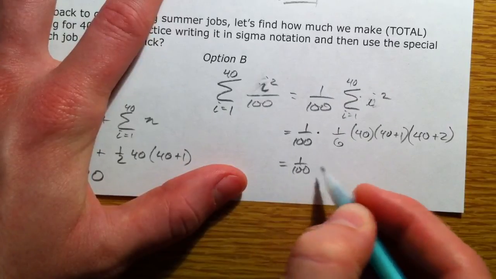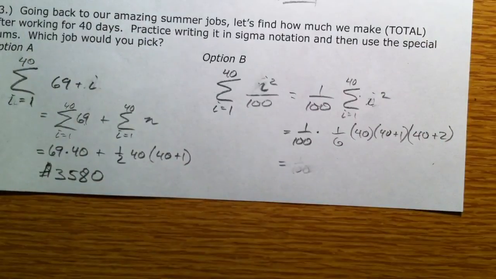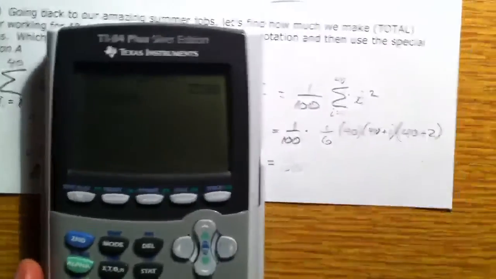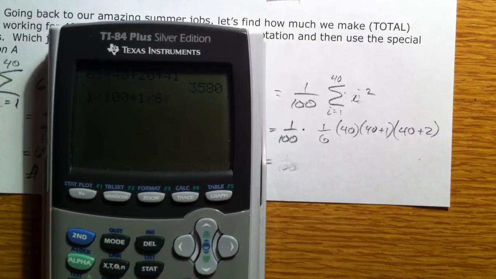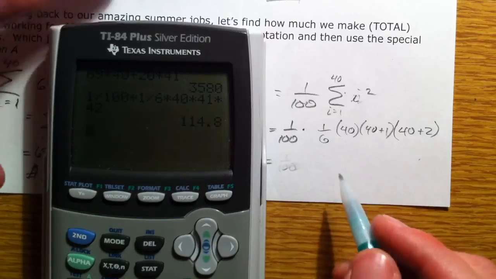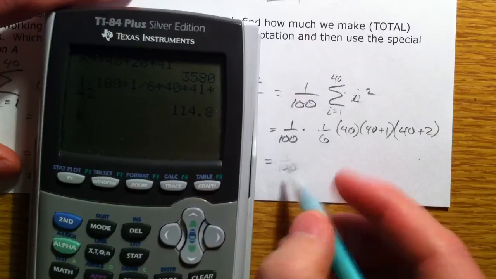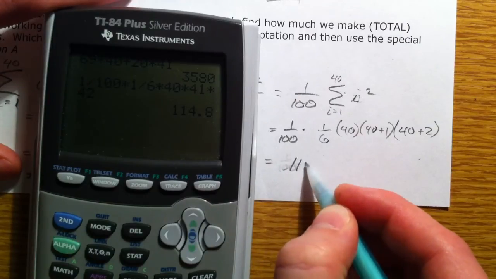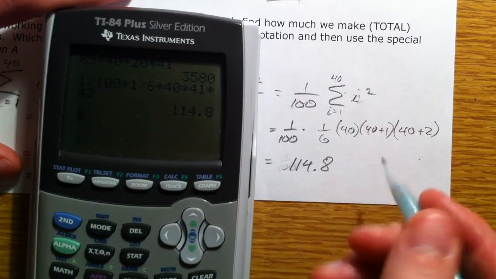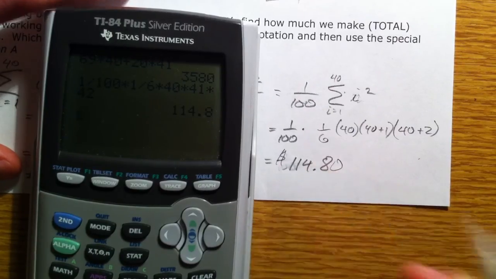So 1/100th, and actually let's just type this in. 1/100th times 1/6 times 40 times 41 times 42. $114.8 days. Sorry, $114.